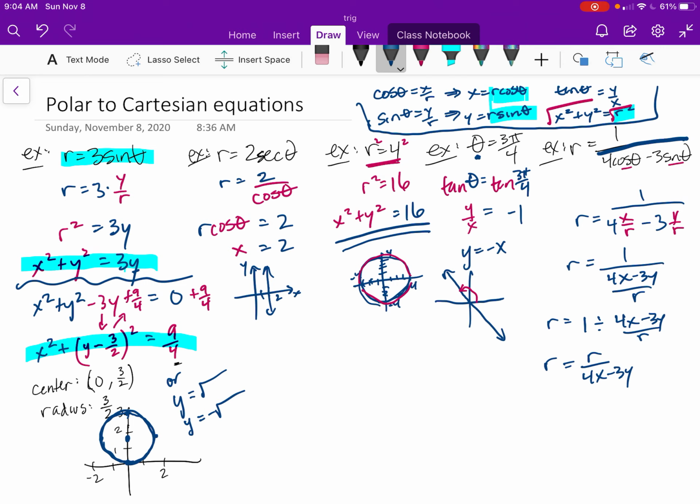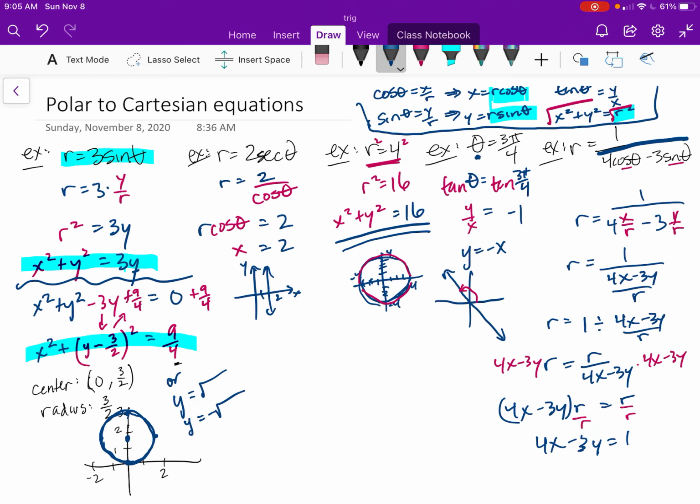Now what? Well, I'm going to multiply by 4x minus 3y on both sides to cancel that out. Cross product, I guess. And at the same time we could divide by r, but I'll leave it for now. So we have 4x minus 3y times r equals r. So when we divide by r, it's not 0, we get 1. 4x minus 3y equals 1.